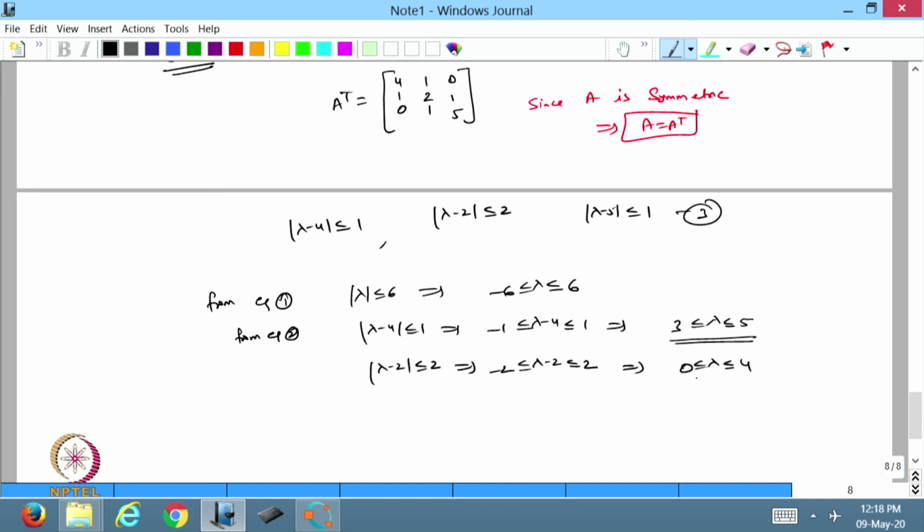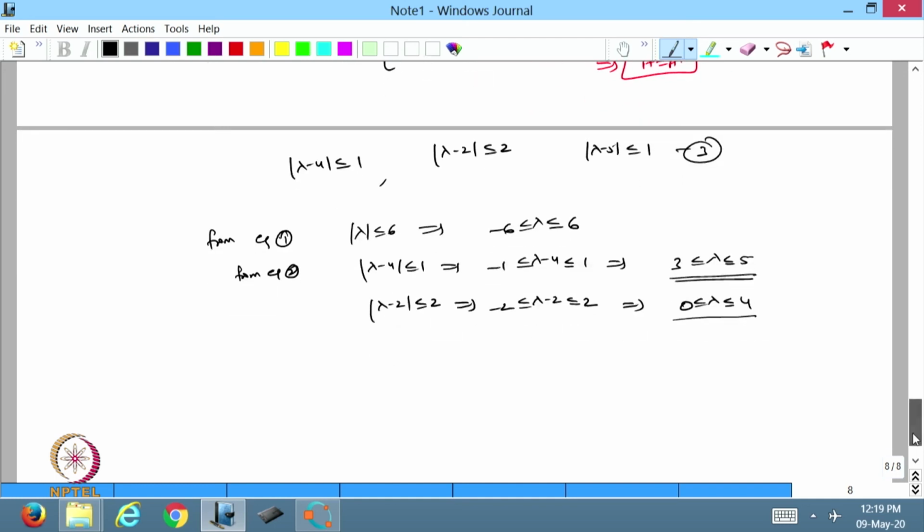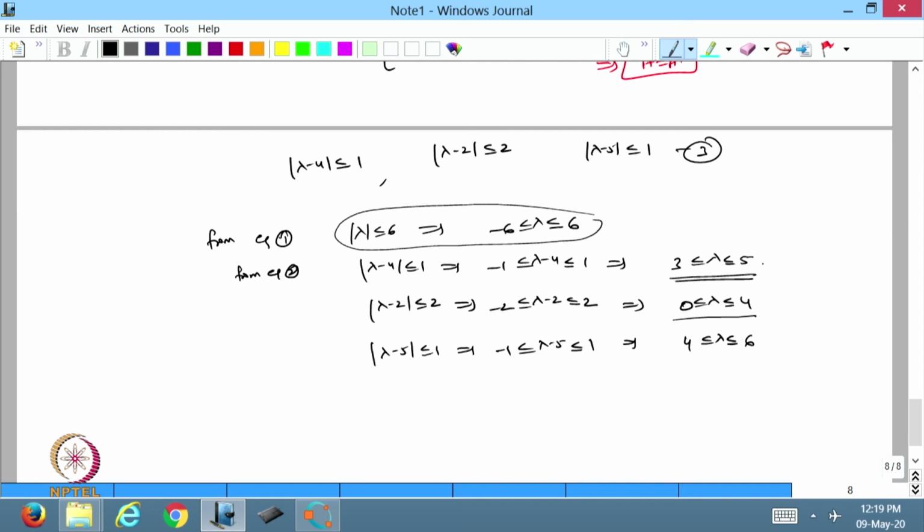So, that is another bound, and the third bound is lambda minus 5 is less than or equal to 1, that implies that lambda minus 5 is between minus 1 and 1. So, adding 5 here, lambda will lie from 4 to 6. So, these bounds we have calculated independently.